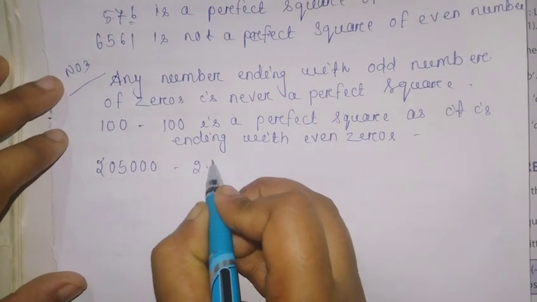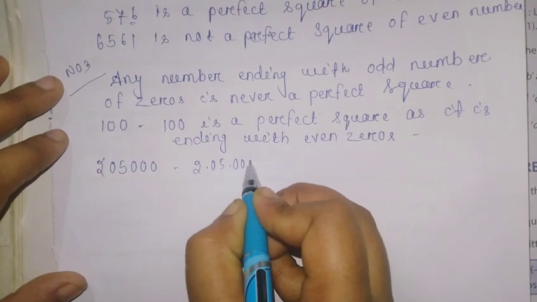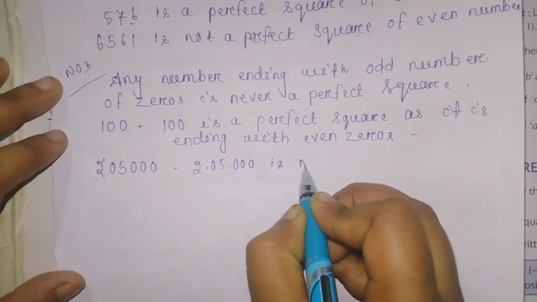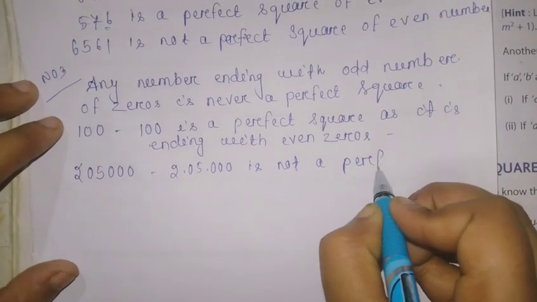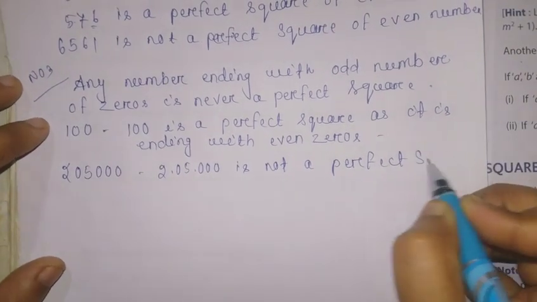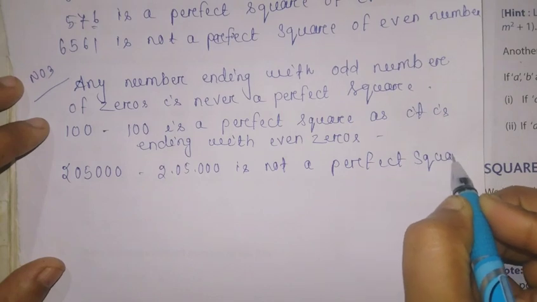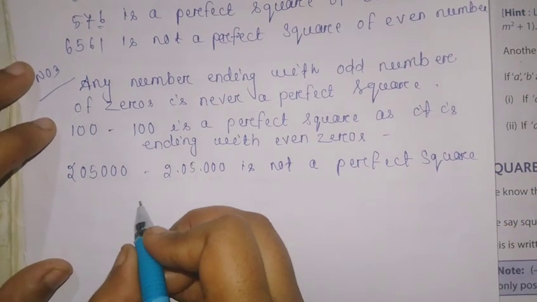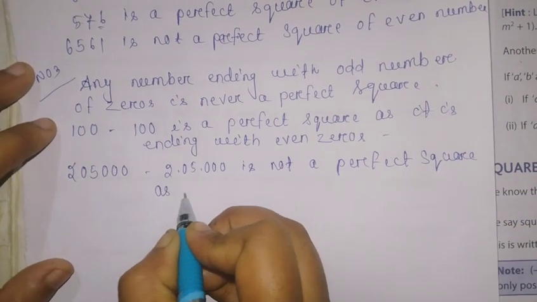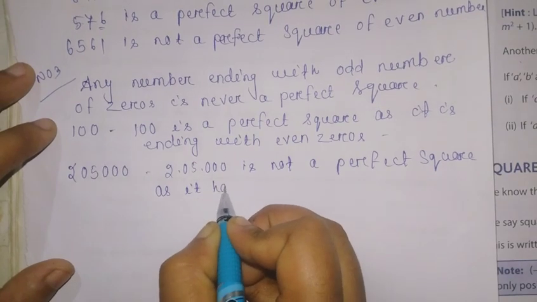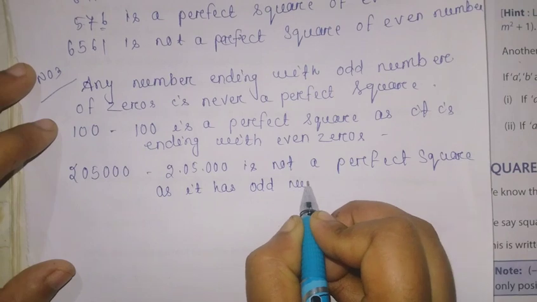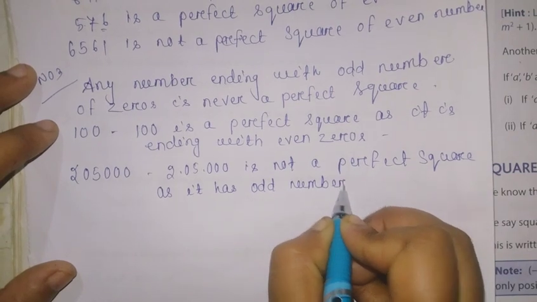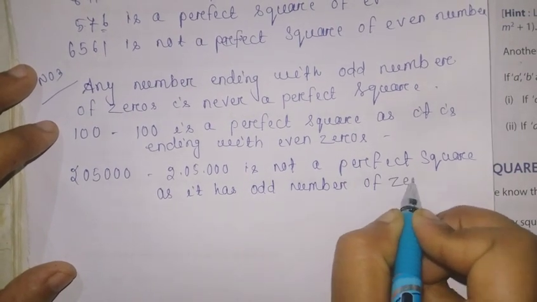So 2,05,000 is not a perfect square, as it has an odd number of zeros.